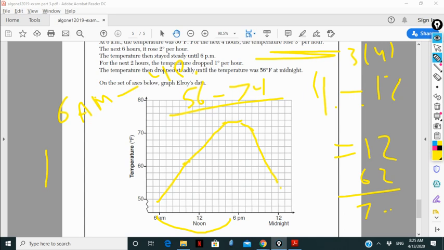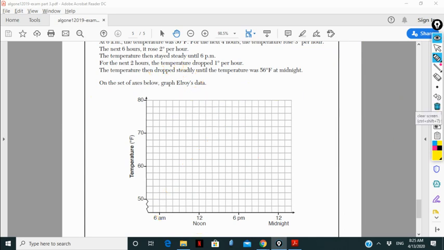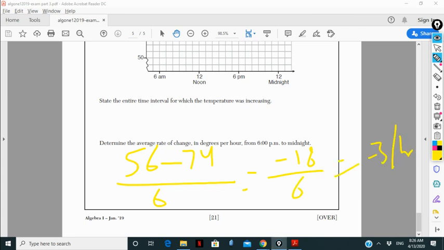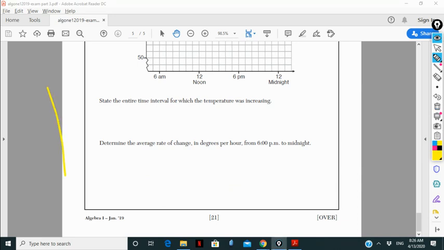Okay, so 56 and 74. So it ended by 56 and it was starting by 74. And from 6 to 12, that's 6 hours. So it's negative 18 divided by 6, which is negative 3 per hour. Okay, which we understood is the last part.